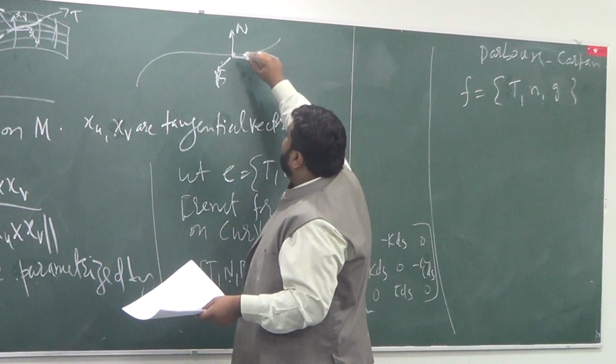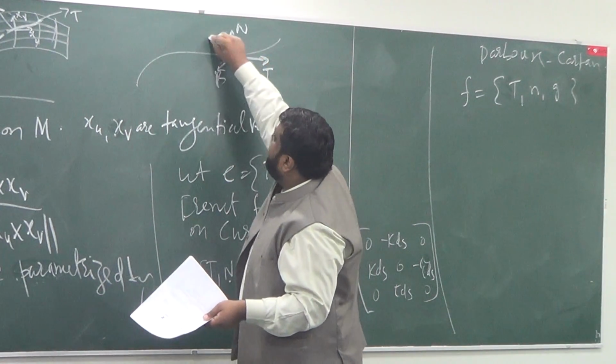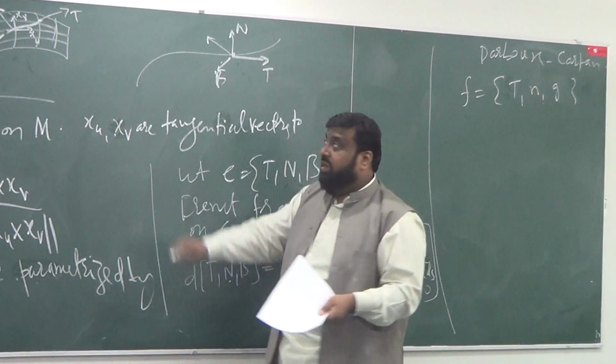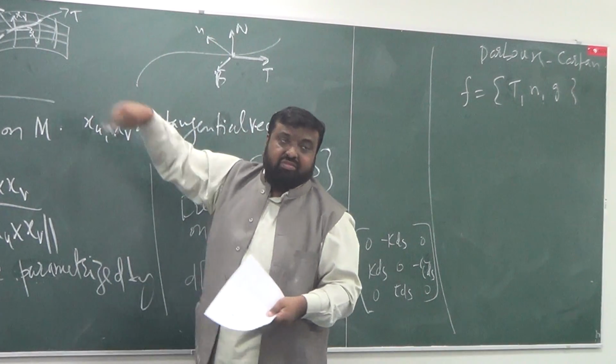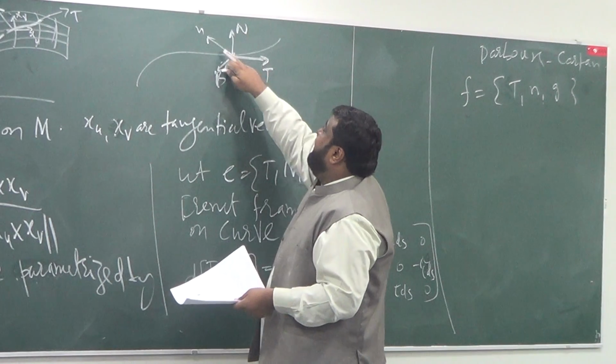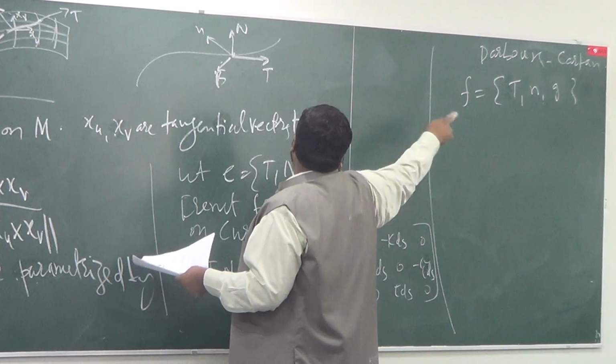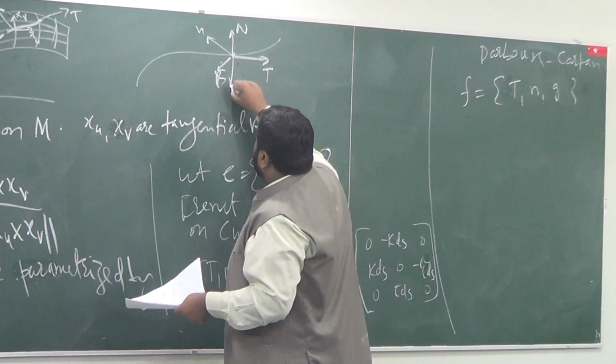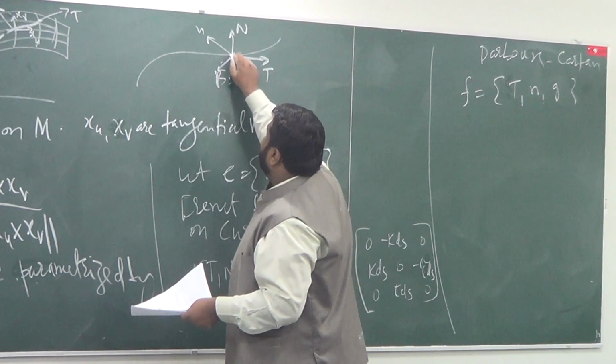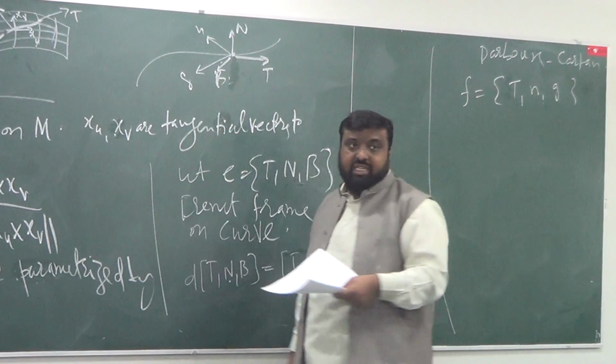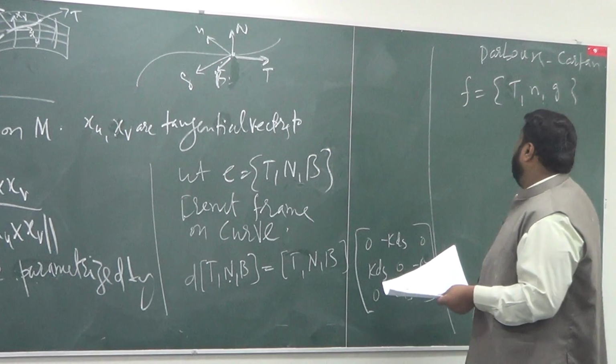So N could be, I don't know, here, maybe, and where could this vector G be? Okay, it could be perpendicular to both, so that is basically what you call G, roughly.